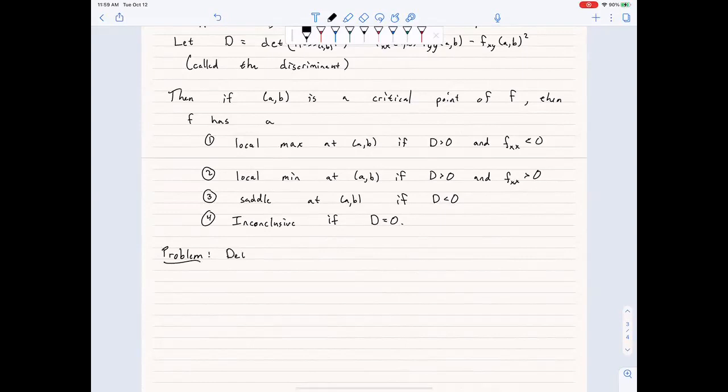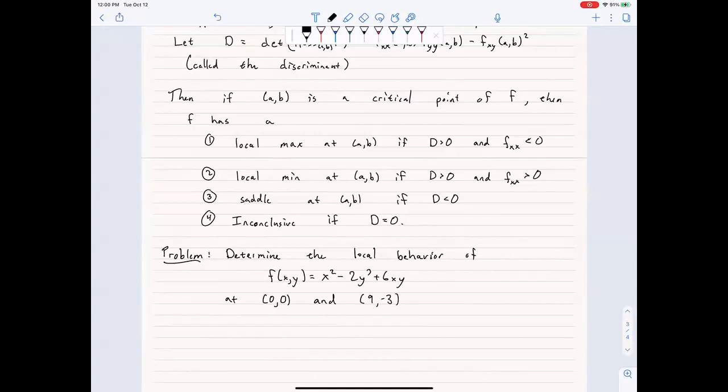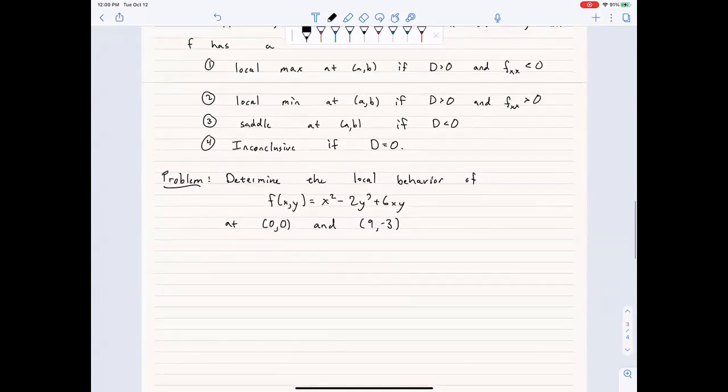So let's determine the local behavior of the same function, x squared minus 2y cubed plus 6xy, at the 2 critical points we found. So we found 0, 0 at the origin was one, and 9, -3 was the other. All right.